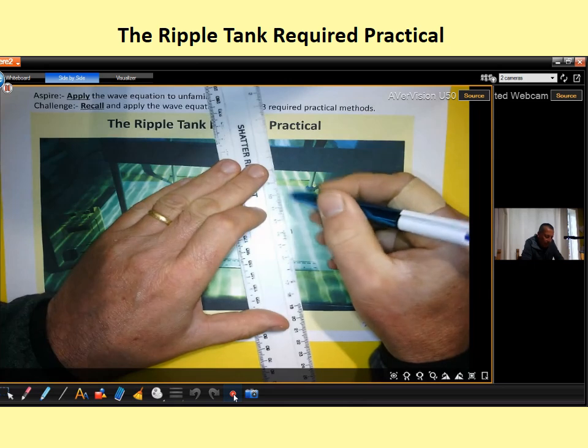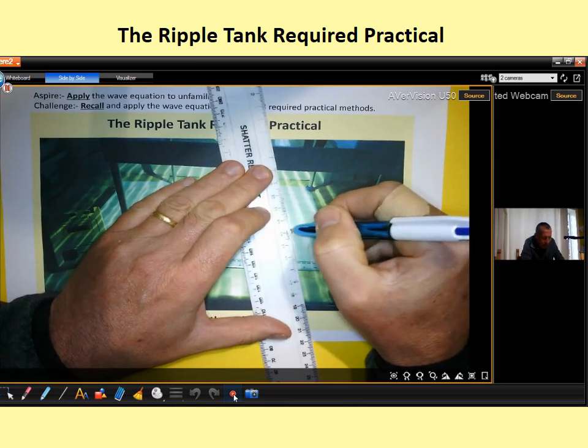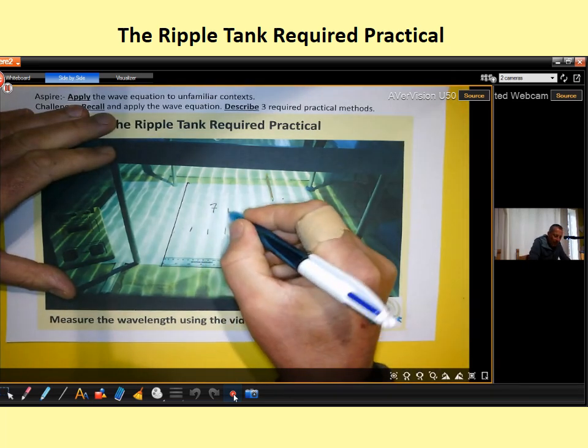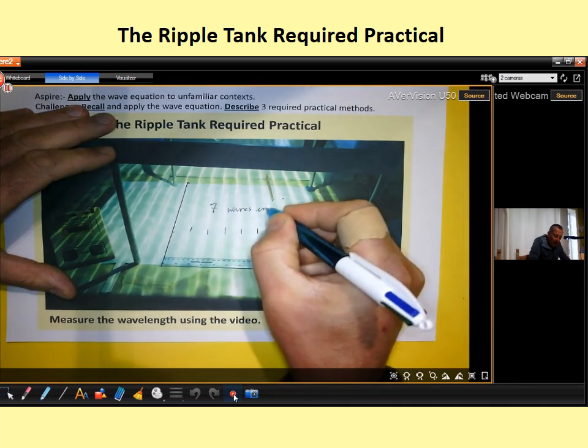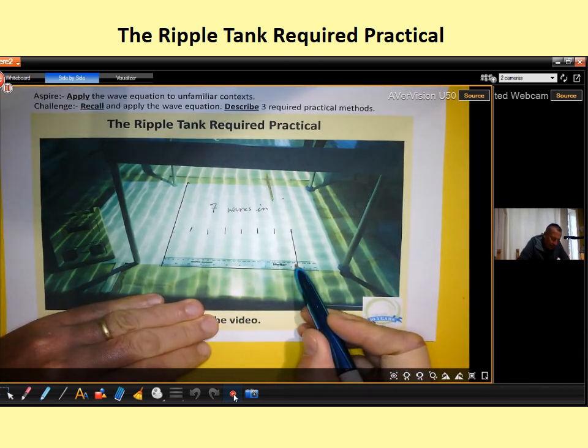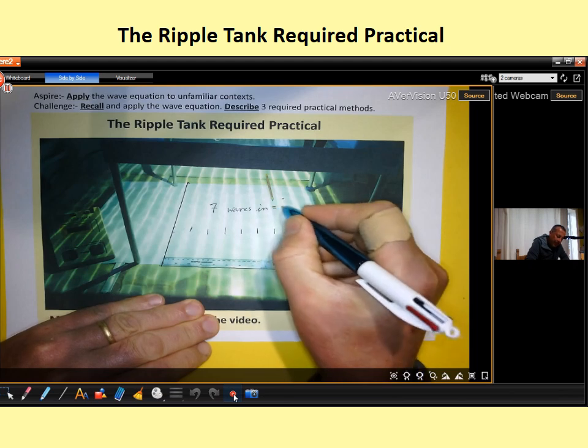So 7, go across to the ruler. So I've got 7 waves in how many centimetres? So that's 26.6 centimetres.